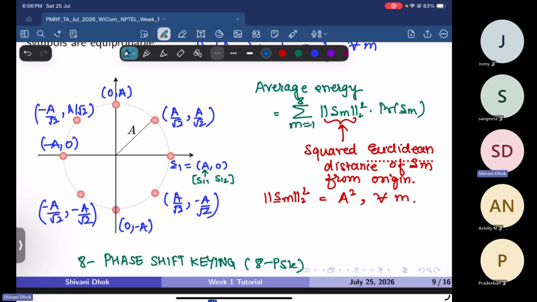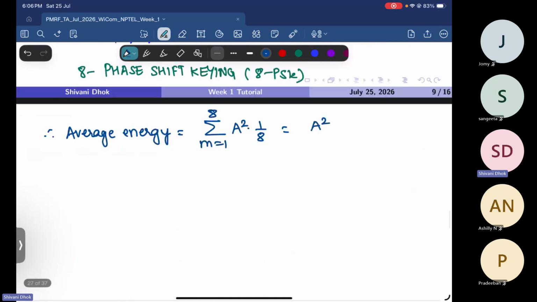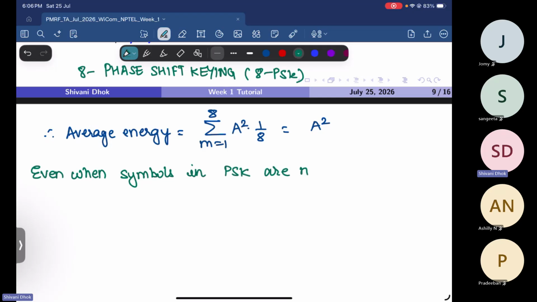So even when symbols in PSK constellation are not equiprobable, we have norm of Sm squared equal to A squared.